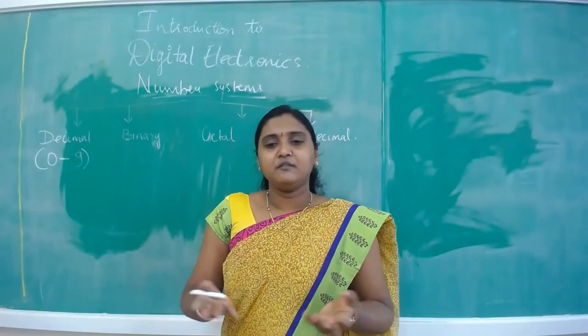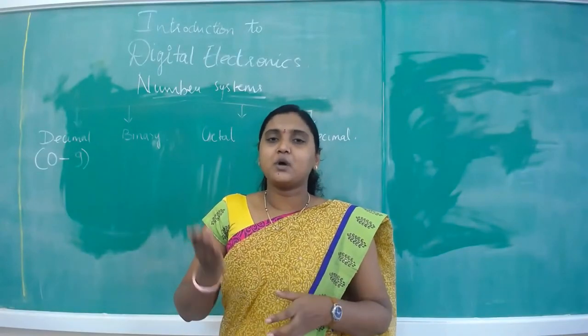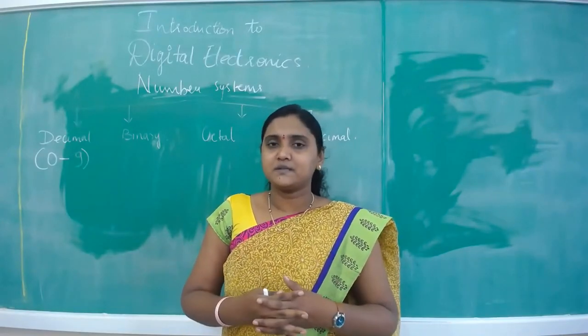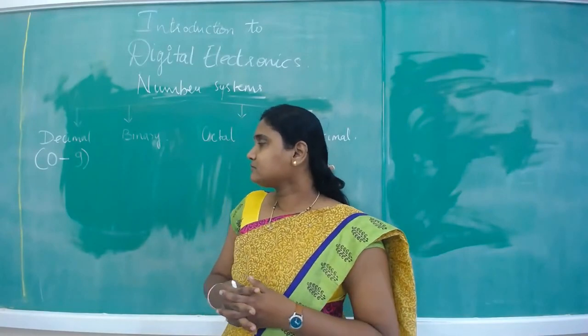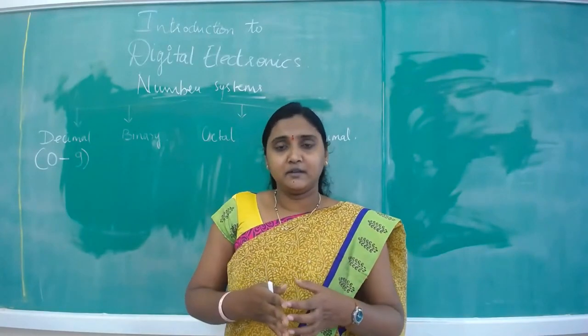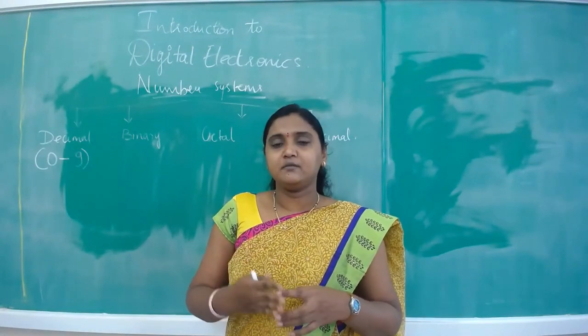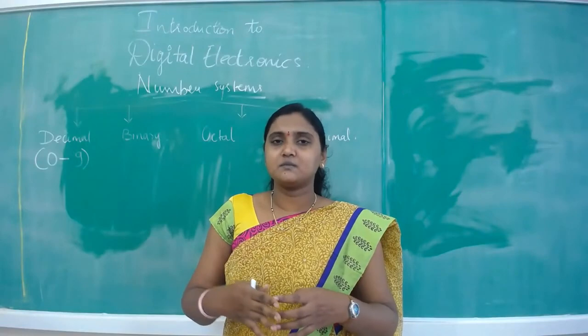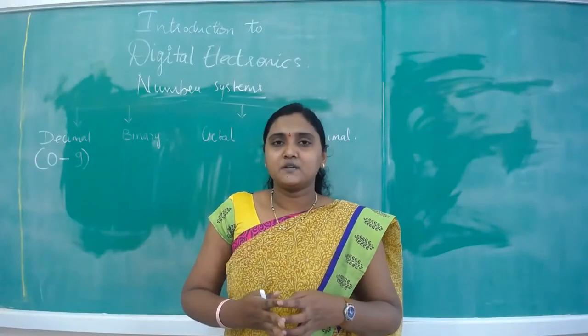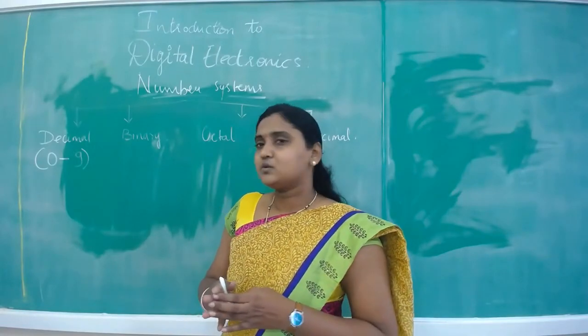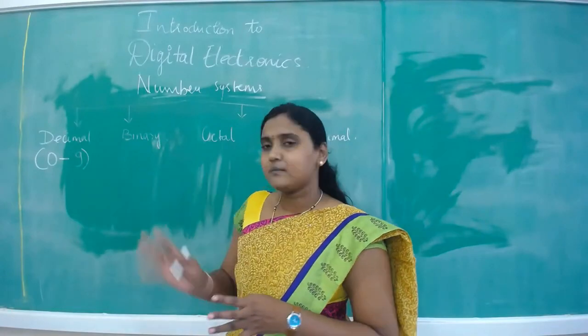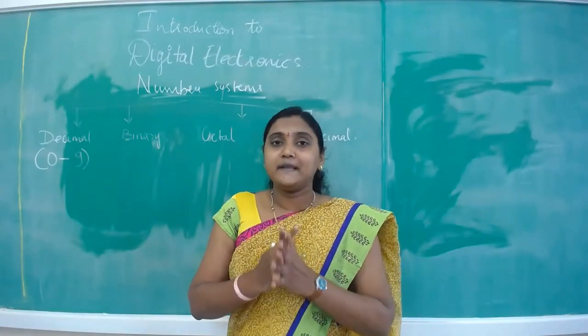For example, if we have books, to count how many books we use the decimal number system. To count the money we have, or to spend some money and pay for a service we have taken, we use the decimal number system.